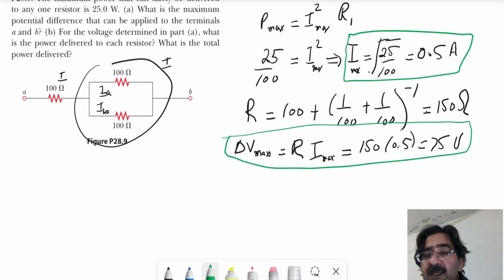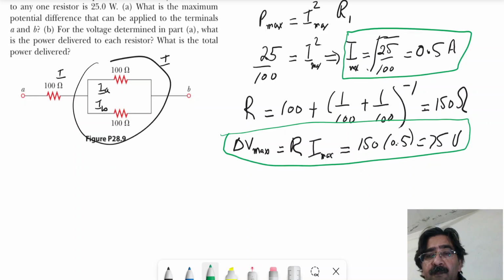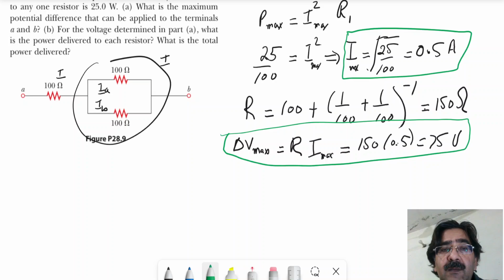So next, we have found the voltage, 75 volts, across A and B. Now we have to find the power delivered to each resistance.